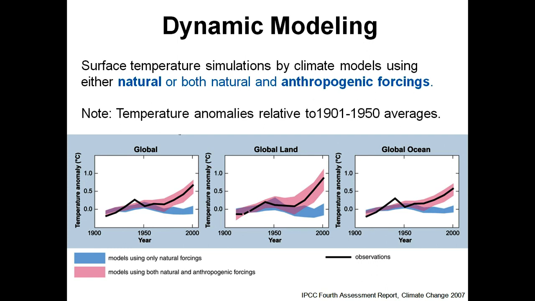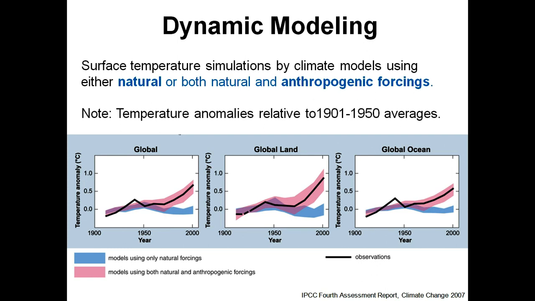When you are reconstructing the temperature of the globe, you can actually use both natural and anthropogenic forcings. Natural forcings are natural sources of greenhouse gases like volcanic eruptions, natural forest fires, natural methane releases, things like that. Anthropogenic forcings are things like fossil fuel burning, deforestation, man-made forest fires, things like that.